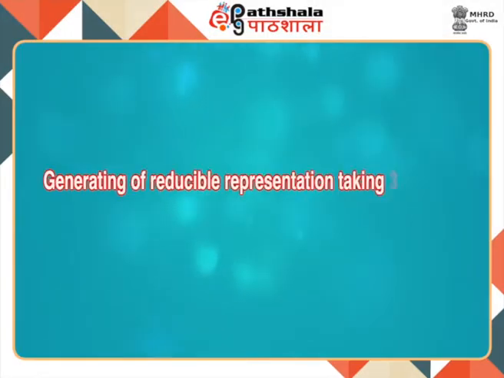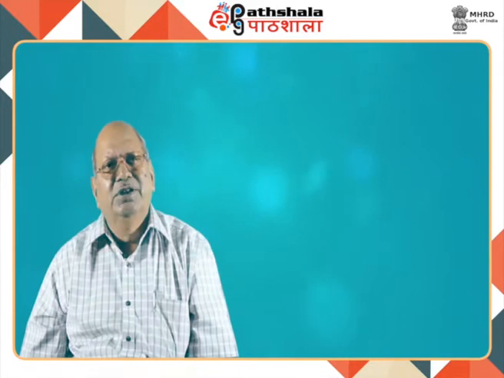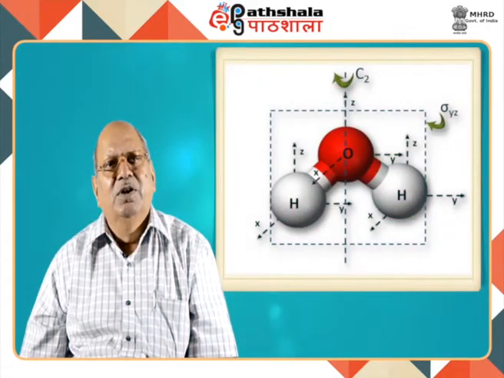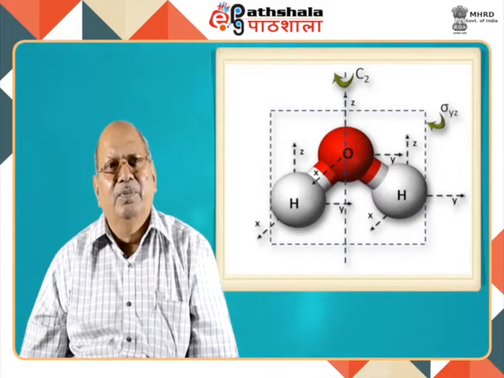Now for generating reducible representation using 3n vectors, let us take the example of the water molecule, which is shown in this figure over here. On this molecule we are showing x, y, z axes on each and every atom.